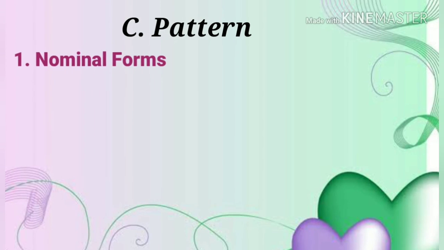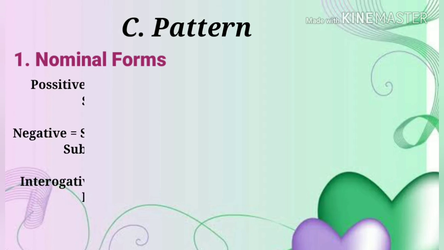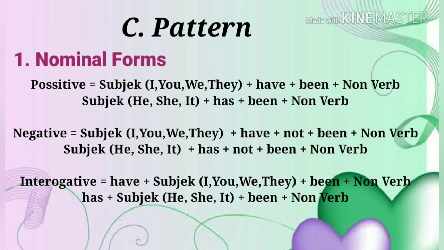Pattern: nominal form. The nominal form of the present perfect tense is used for sentences that do not have verbs. The formula for this nominal form: positive, subject (I, you, we, they) plus have plus been plus non-verb. Subject (he, she, it) plus has plus been plus non-verb.